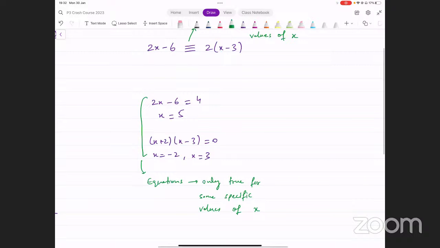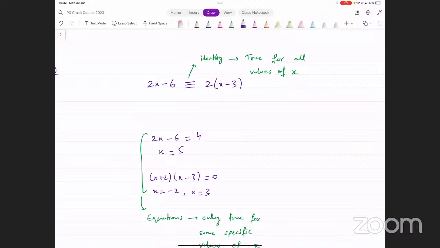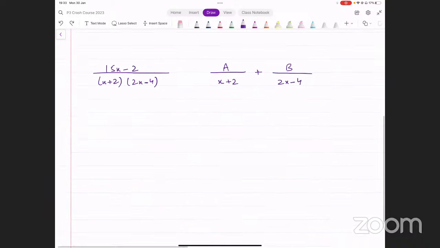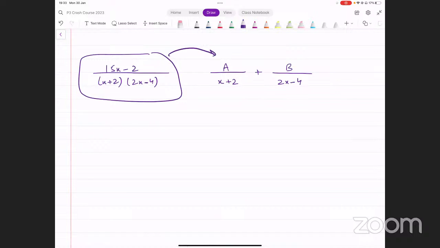Now, keeping this in mind, identities are true for all values of x. If you go back here, we've got this fraction. We want to split it up into its 2 parts. This is essentially exactly the same expression, just written in a different way.